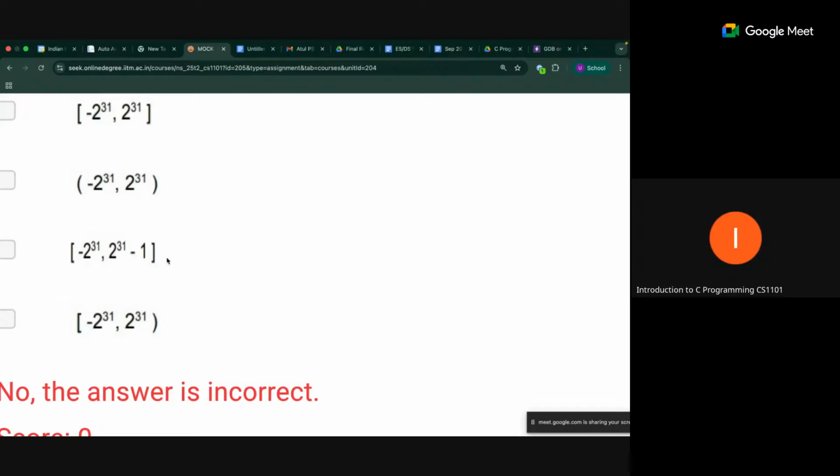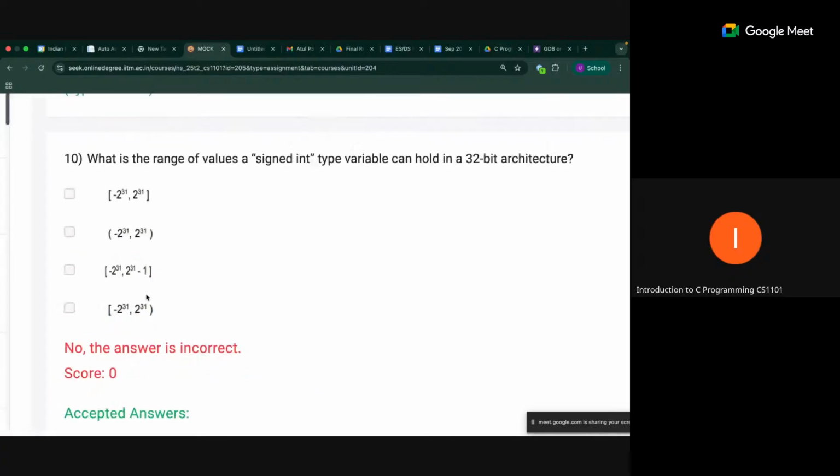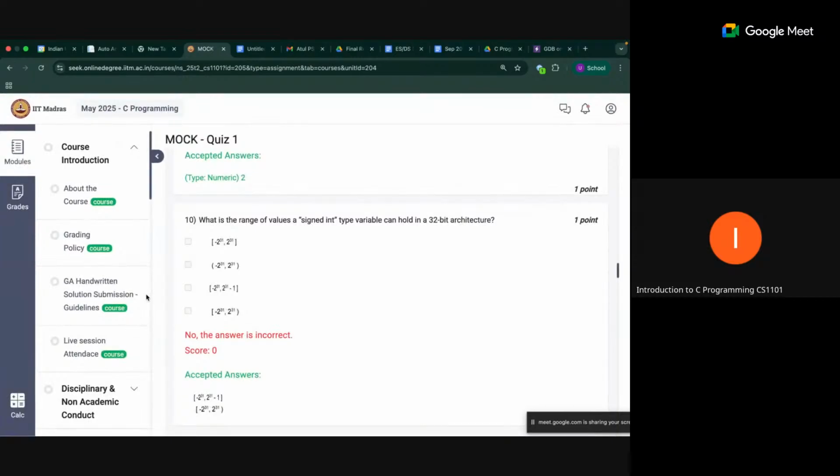That is what is given here. So the end range is also included in the square braces. In parenthesis, the end range is not included, which means 2 to the power of 31 minus 1. Till that it is simple. So it's automatically taken as 2 to the power 31 minus 1. Is that clear? That's why the third and fourth options are selected.